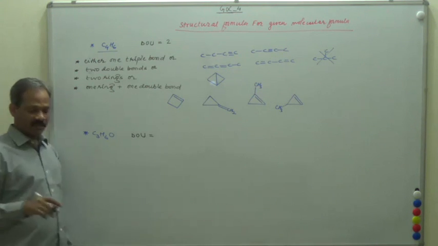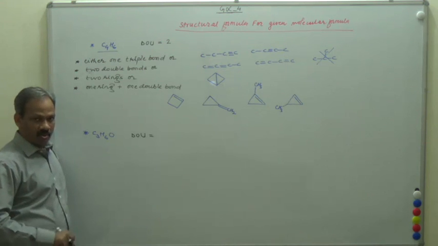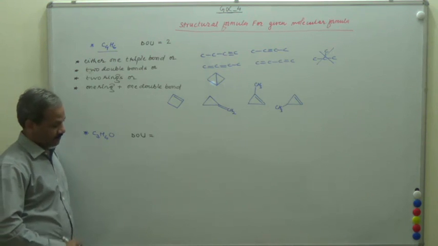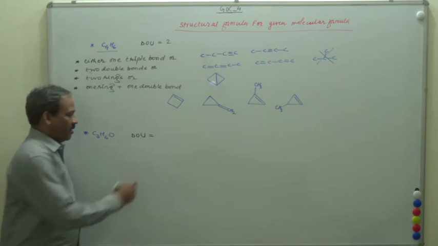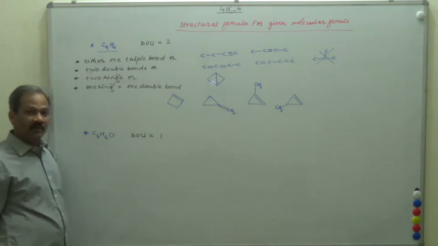Half of this difference is 1. So there is 1 degree of unsaturation.